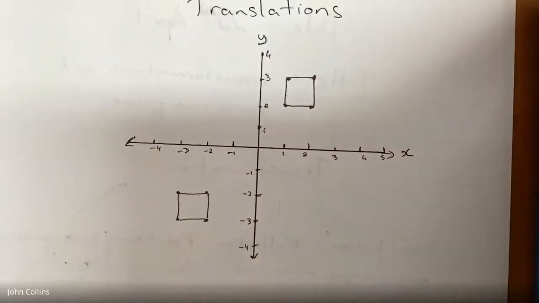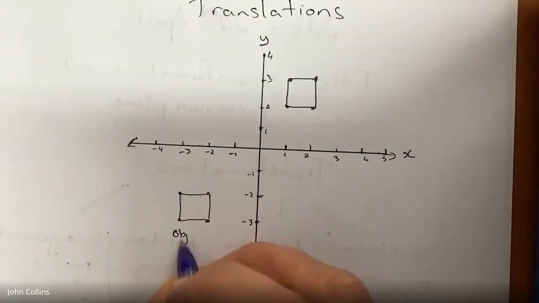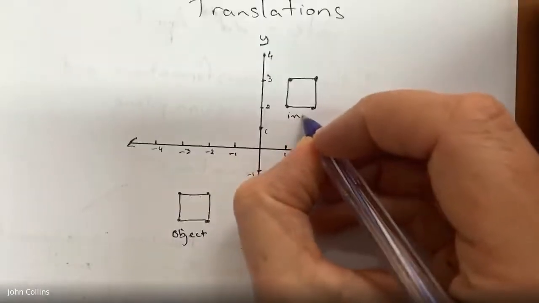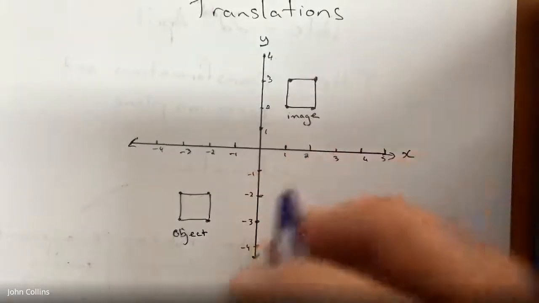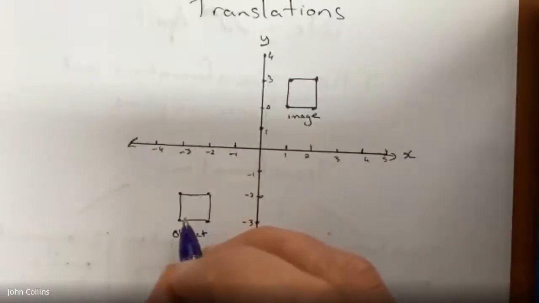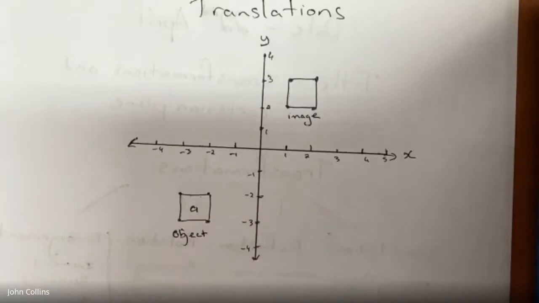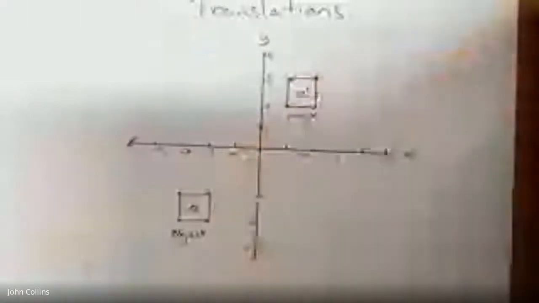Okay, so this is my object. This is my image. If we want to use letters, if the object is called the square A, the image would be called A with a little dash on it. A little dash there for A.